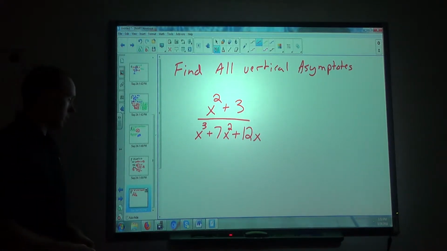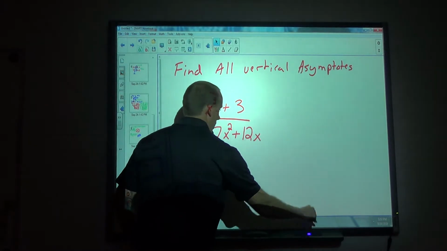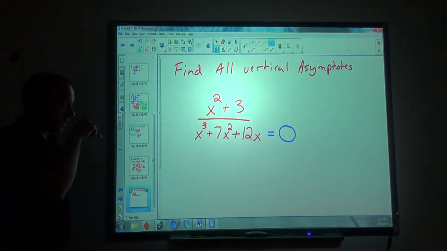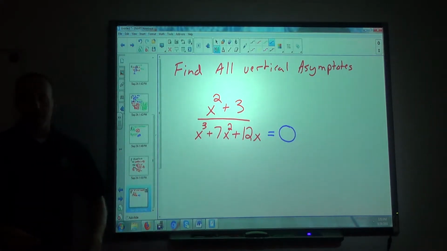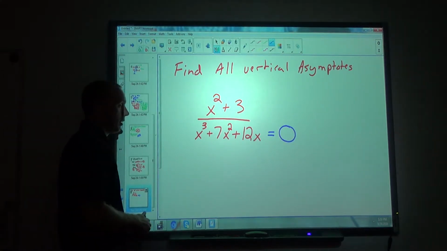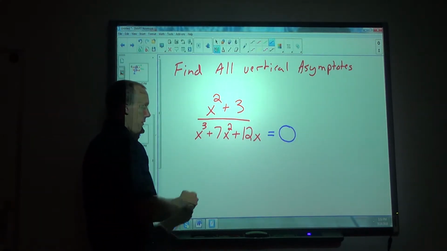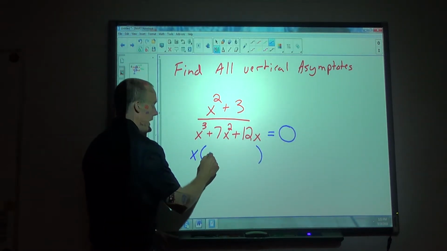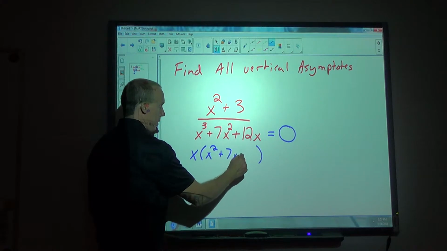How do you get an asymptote? How do you get an asymptote when you divide by 0? So if I solve that by setting it equal to 0, that could give me the answer. How do I solve that? What's common? X. An x, so could I factor an x out in front? Okay, and then I'm left with a what? An x squared plus 7x plus 12.